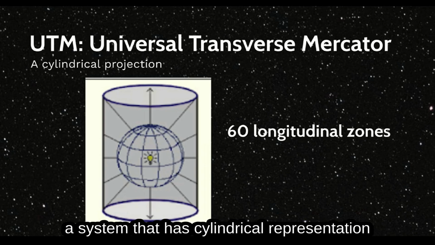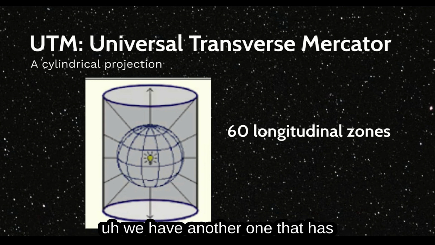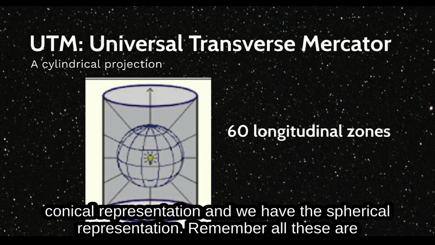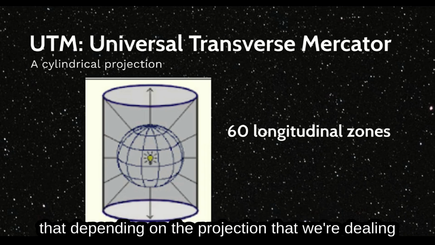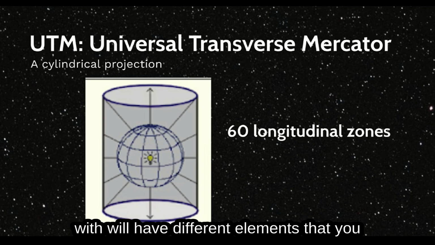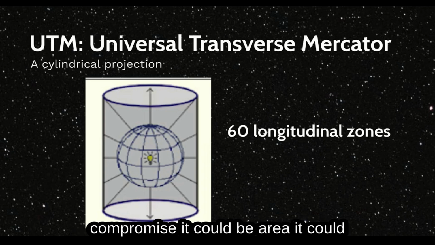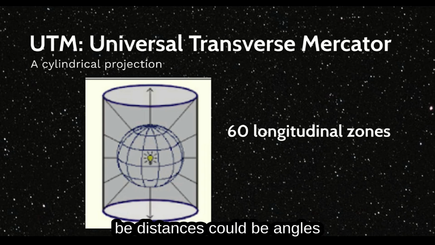You'll find a system that has cylindrical representation, another that has conical representation, and we have the spherical representation. Remember, all these are different, and as in the example I gave before for Idaho, depending on the projection you are dealing with, there are different elements that you compromise. It could be area, it could be distances, it could be angles.